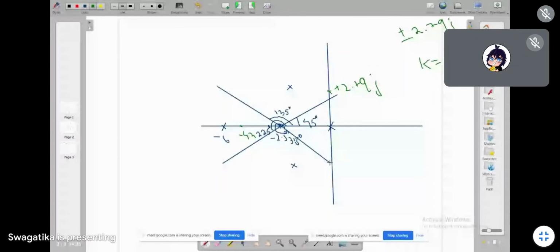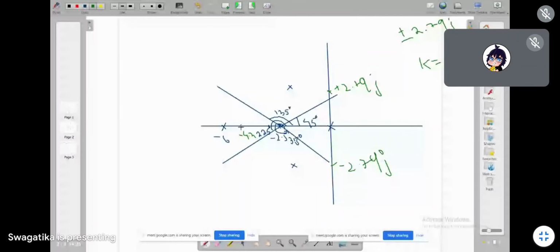How many branches should be there? How many root locus branches? The number of root locus branches will be 4, right?